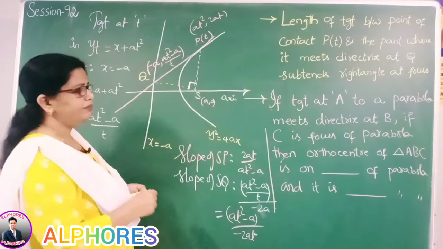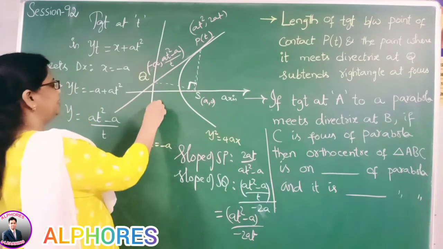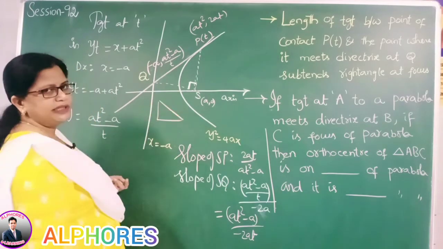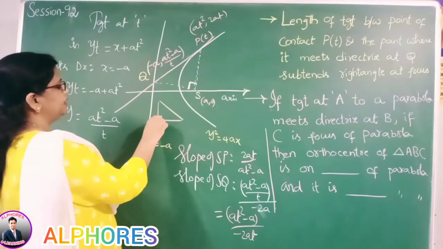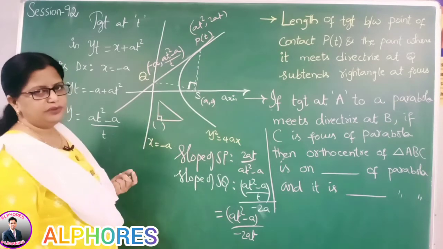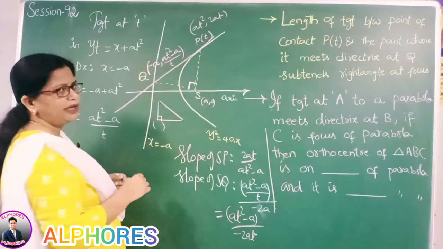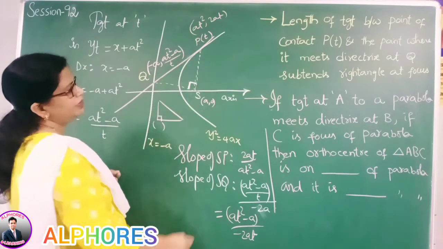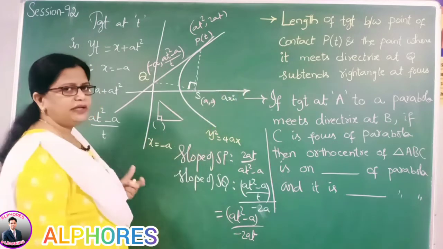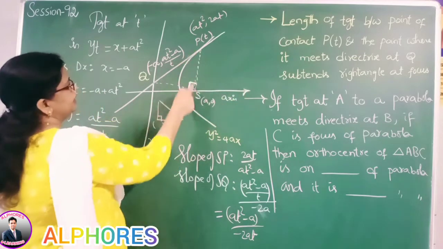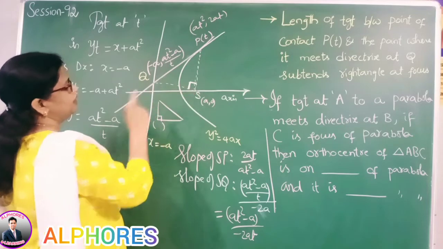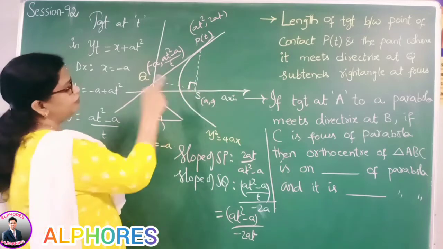Clearly all of you know, for a right angle triangle, what is the orthocenter? If it is a right angle triangle, the vertex at the right angle is nothing but the orthocenter. If you are aware of this property, you can observe this is the right angle triangle where the right angle is coming exactly at the focus.